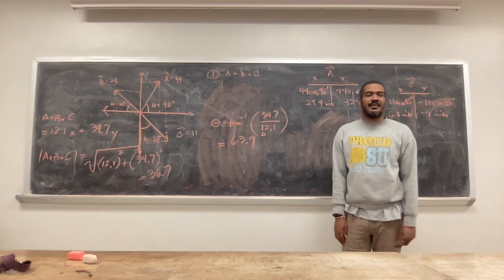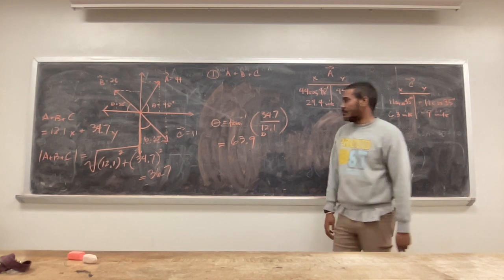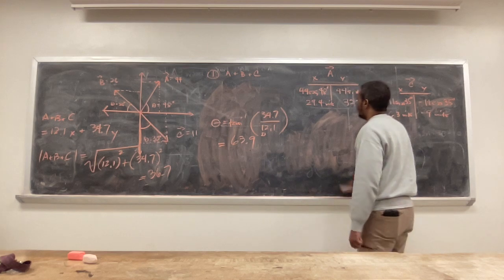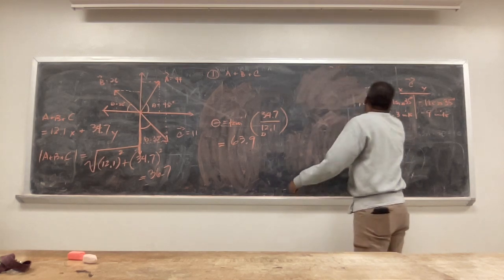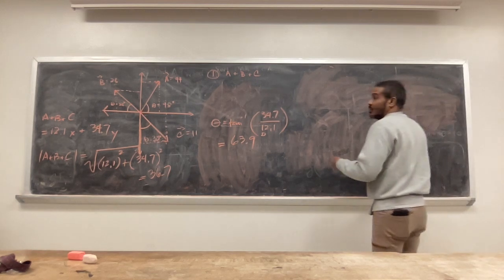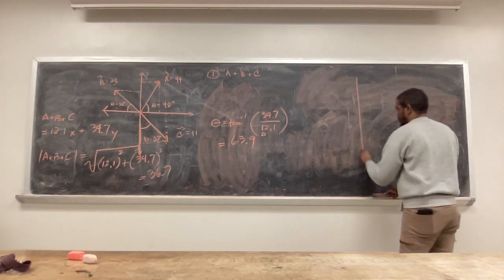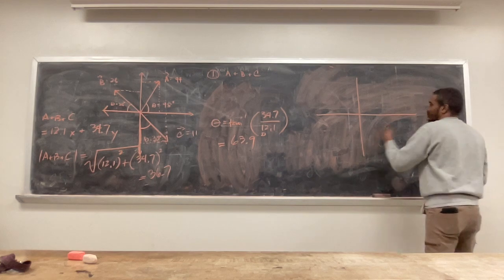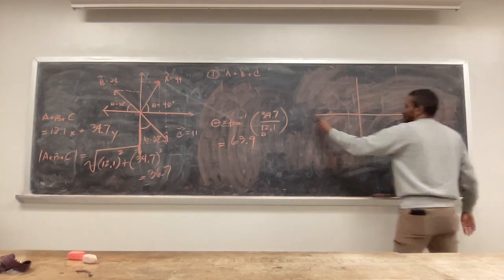Now, let's do tail to tail. So we did tail to tip. We redraw our Cartesian coordinate system.